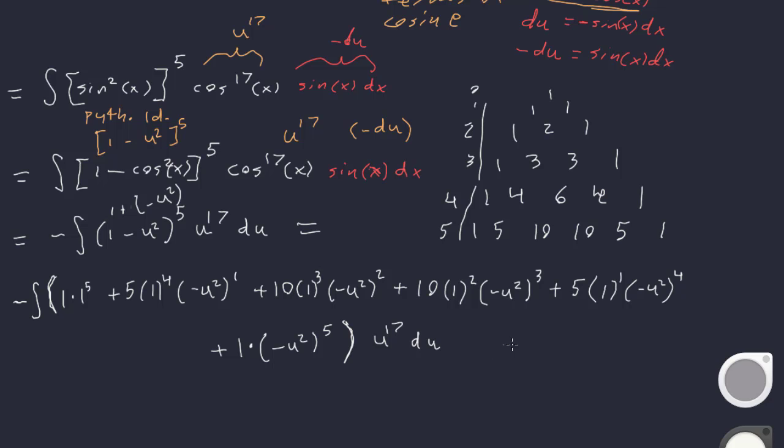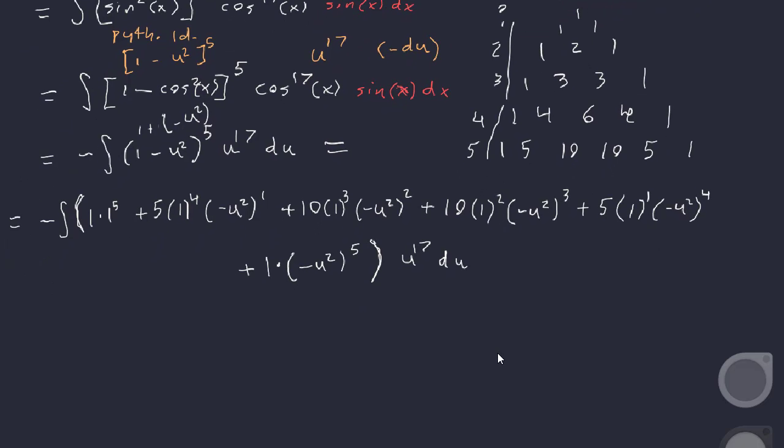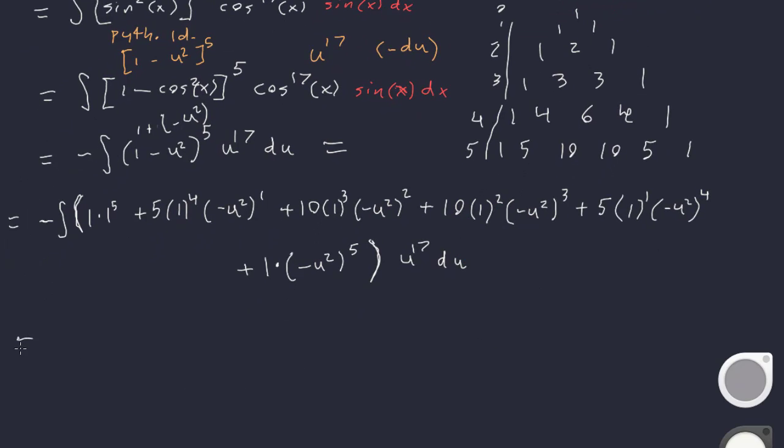Okay, so let's simplify this down, because right now this is a big mess. All right, so we'll have 1 plus, here the negative will stick around, so we'll get negative 5 u squared.